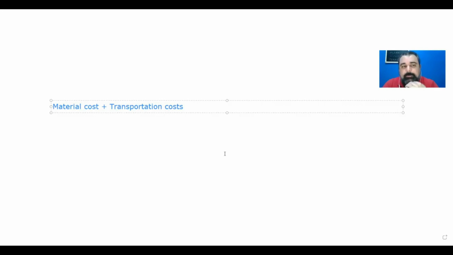And the material cost is also lower because of discounts, because of the volume. But you have higher inventory holding costs, so it all must be here in the balance.